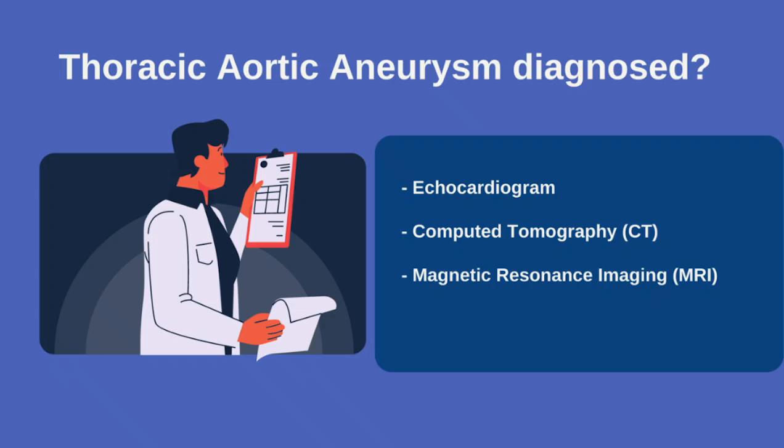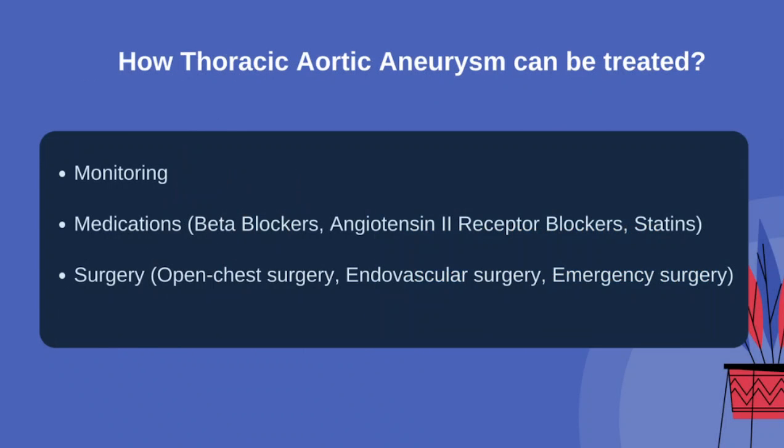Another one is magnetic resonance imaging or MRI. This test naman is an alternative for CT scan to lessen somehow the radiation. And it uses magnetic fields and radio waves para makakuha ng pictures and at the same time ma-detect yung size at location ng aneurysm.